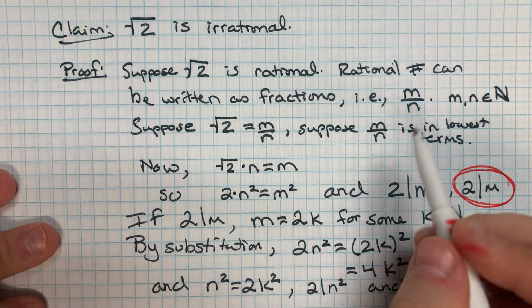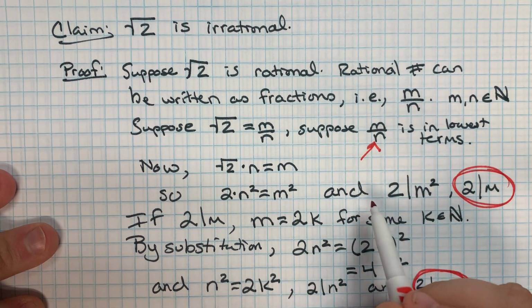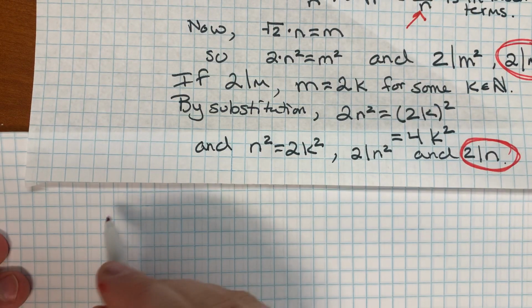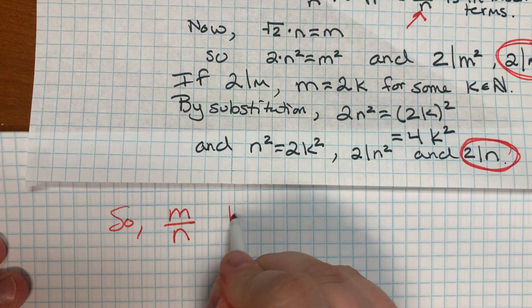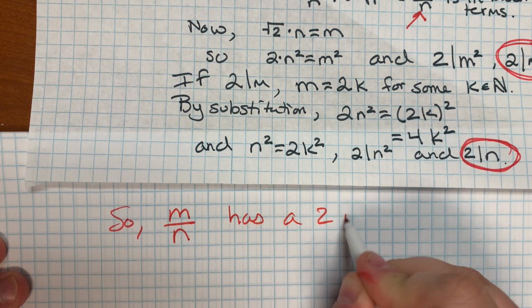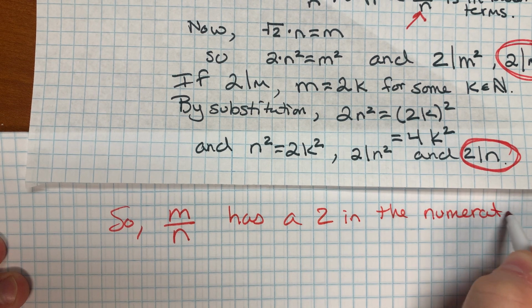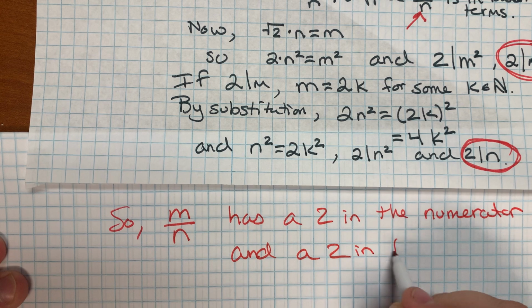Now that means our fraction has a 2 in the numerator and the denominator. So m over n has a 2 in the numerator and a 2 in the denominator.